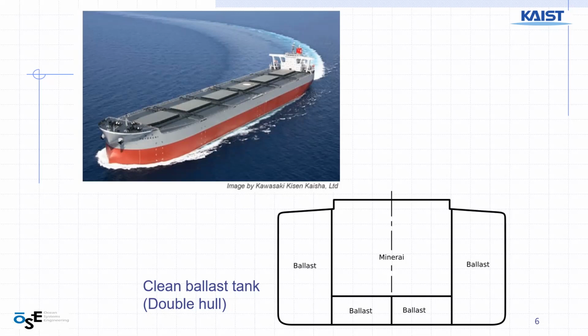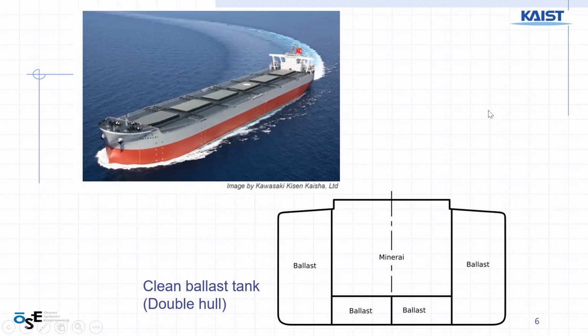When the ship is empty, there is no ore, no mineral, but water is instead inside the cargo room, so the ballast water is dirty, not clean, right? But this is a double skin ship, so the cargo and ballast water are separated, so you can say this ballast water is clean of any mineral or cargo.